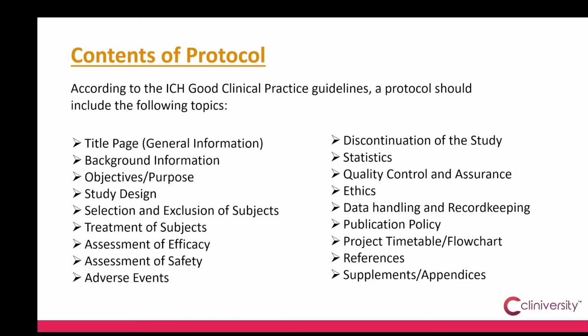And references, through which references we have designed this protocol. And appendices, in case we are using any particular format of data collection, and those examples as well will be added into the protocol. These are not limited. In case we require to add any other topic in the protocol, we can do it. But these are, as per ICH Good Clinical Practice, the mandatory items that should be available in the protocol.